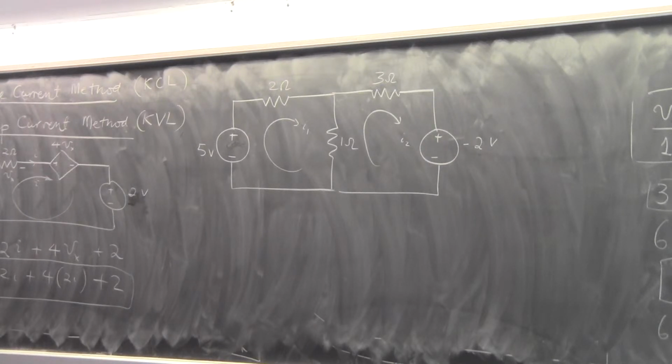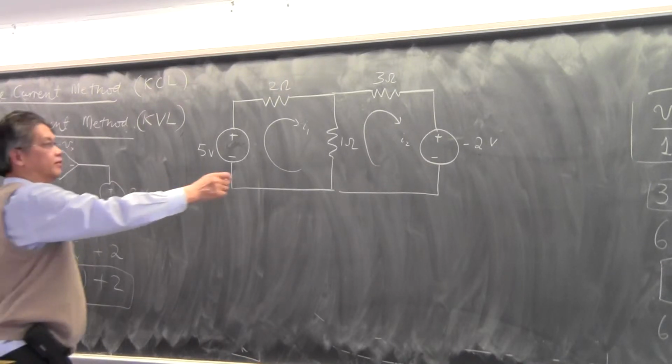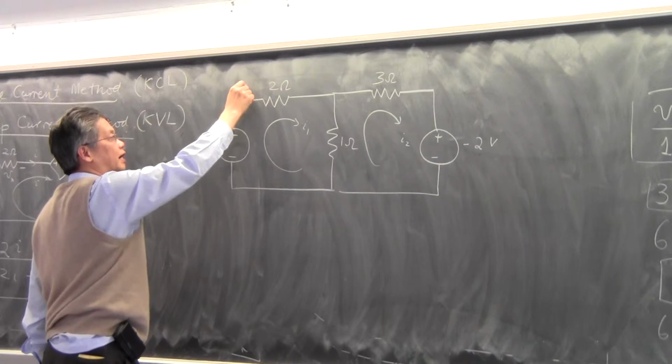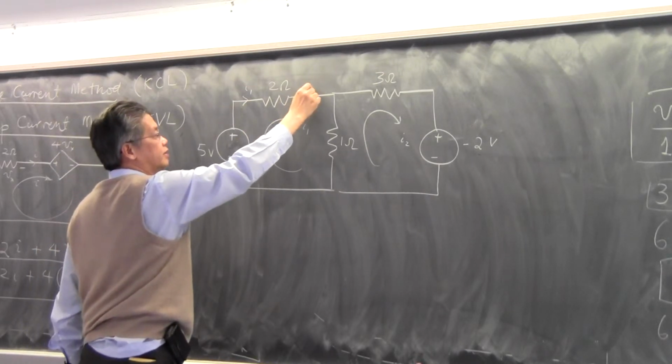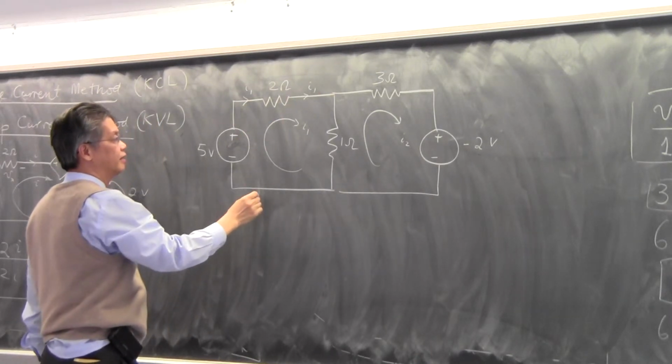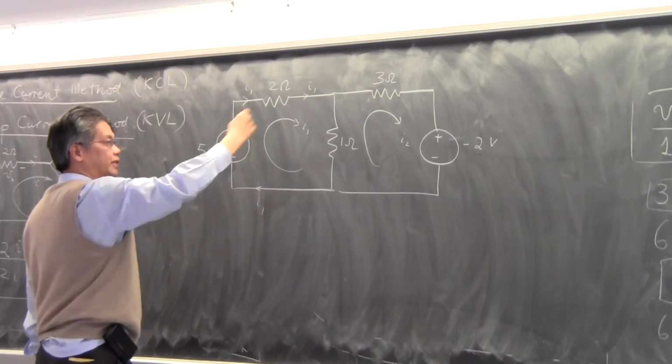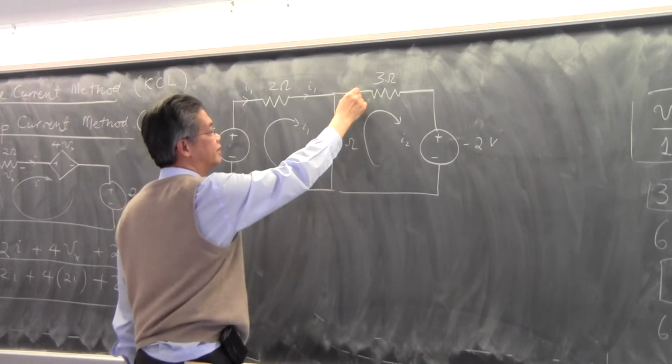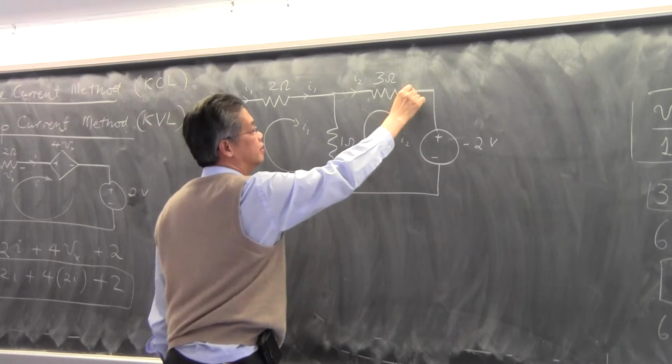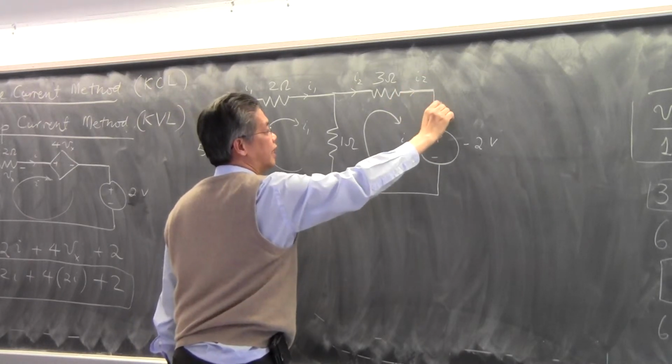These are the numbers that we have in the textbook. If this is I1, it means that this is I1, this also is I1, and this is also I1. This is what this diagram means. If this is I2, it means that this is I2, this is I2, and this is I2.